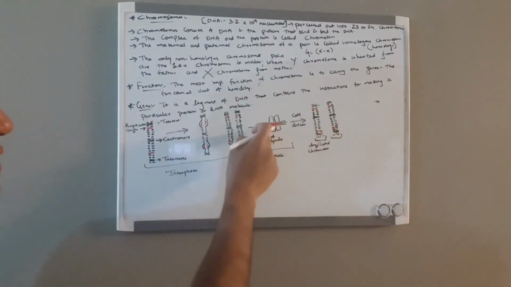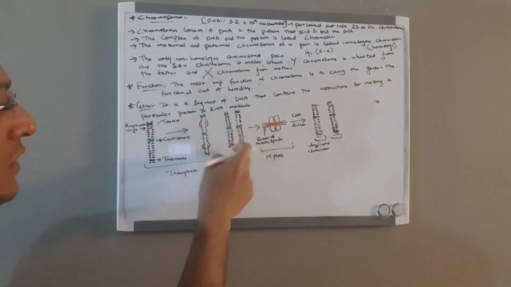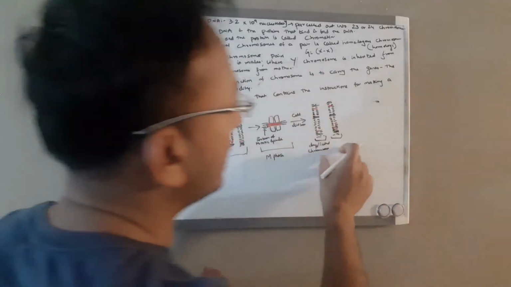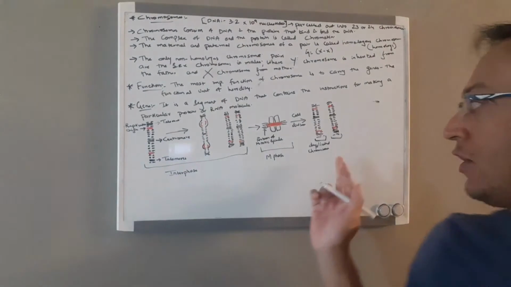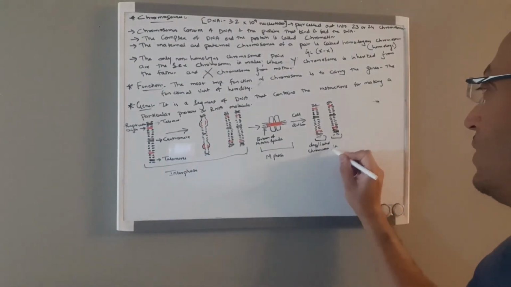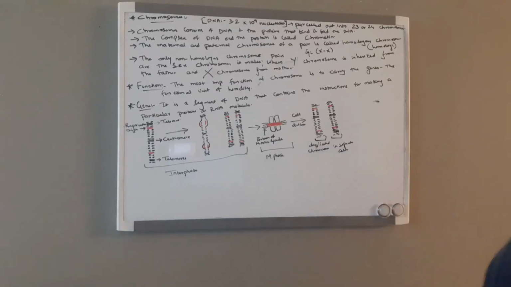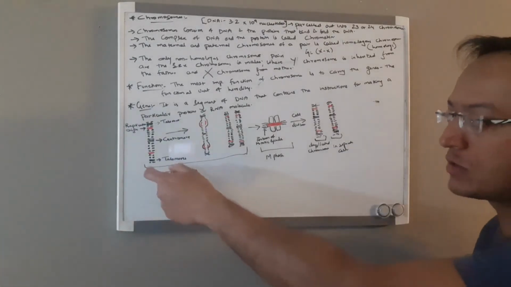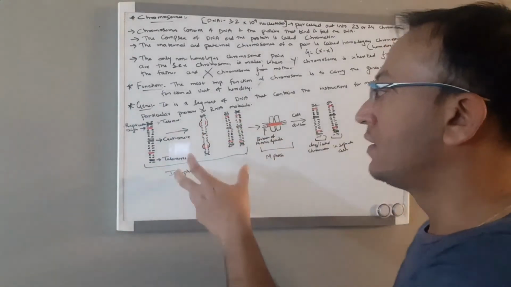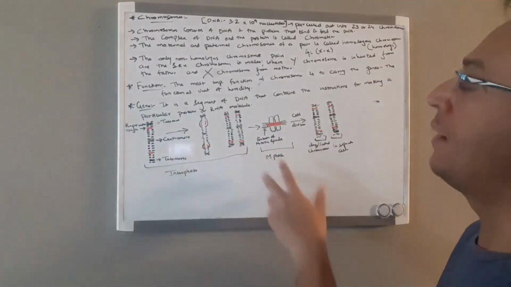It's pulled, the mitotic spindle attached to the kinetochore at the centromere, and then it is pulled and the duplicated chromosome separates into a separate cell.